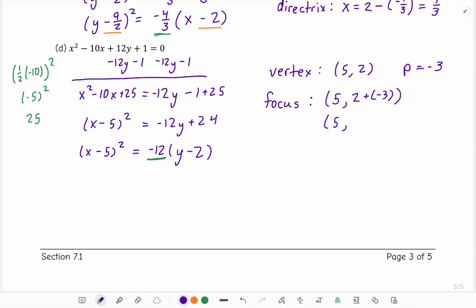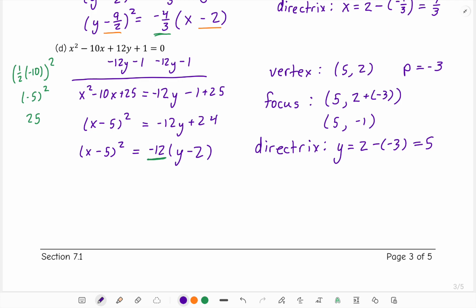So we get 5, -1 for the focus, and the directrix is going to be a horizontal line, so that'll be y equals 2 minus -3, or 5. That's it for part D.